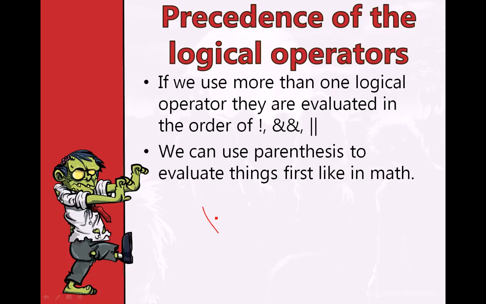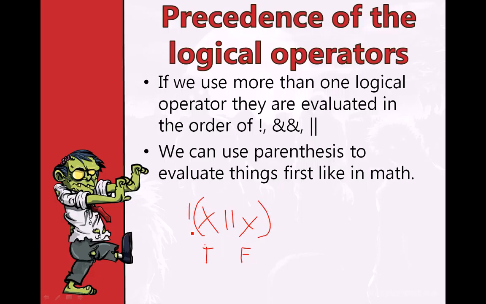Well, we know the outcome of this is going to be true. But if I put parentheses around this, and put an exclamation point there, well, I have true or false, and put the logical operator in here. True or false is true.